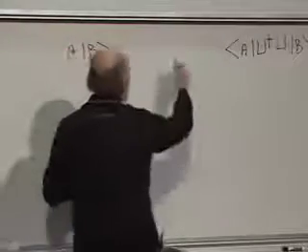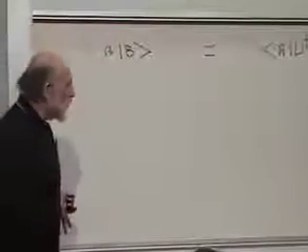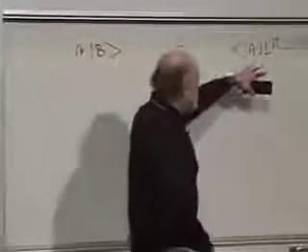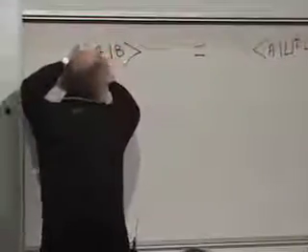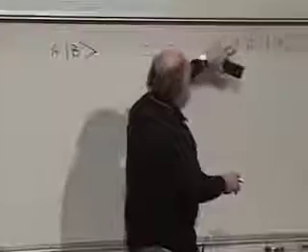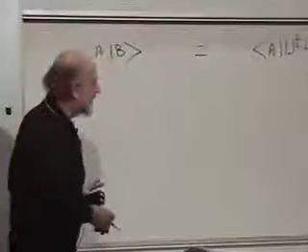Here is what we require of the transformation U. If U preserves relationships, then for any pair of vectors A and B, A U dagger U B should be equal to AB.